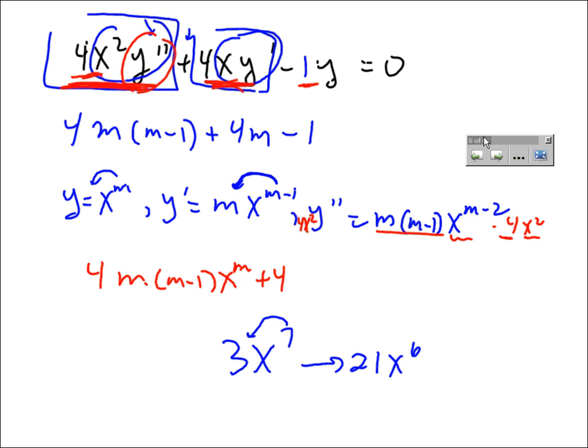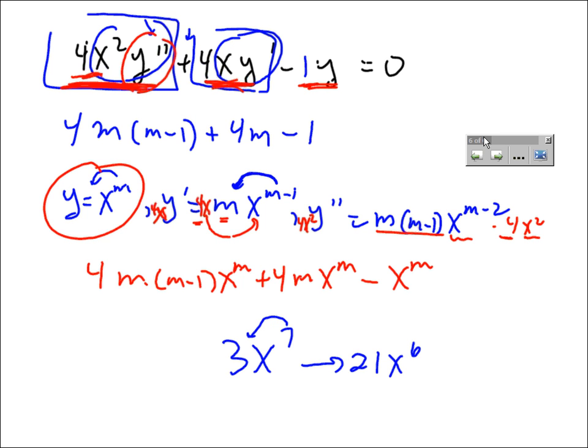If I multiply by 4x, I'll get 4m, and x times x to the m minus 1 is x to the m. Notice how long this is taking. And then I take away y, which is x to the m.